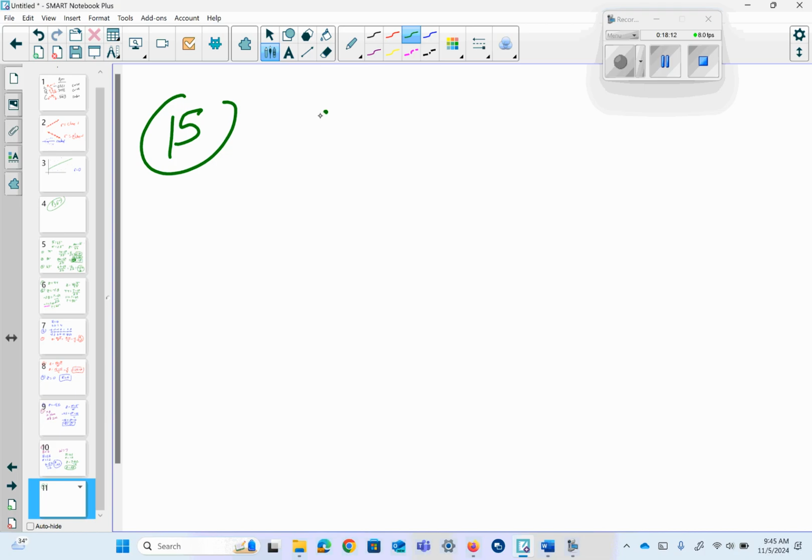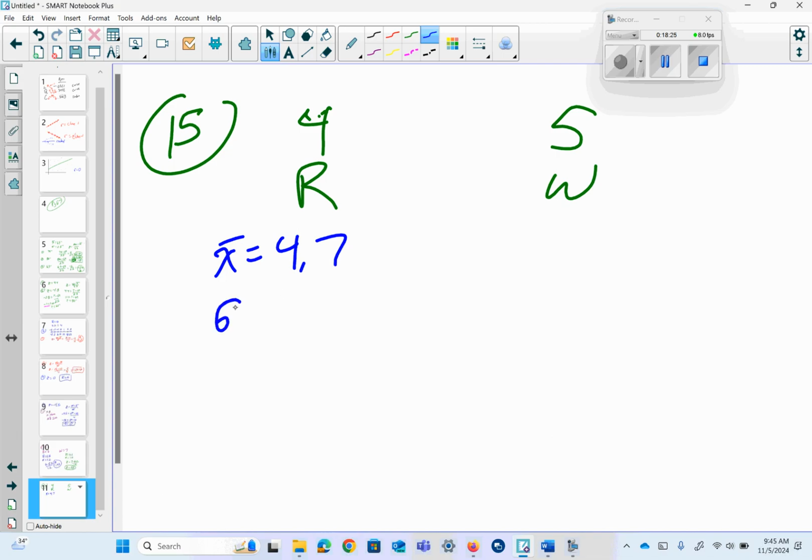Let's see, you have a 4-pound rainbow versus a 5-pound walleye. All right, so a rainbow trout, they said the average was 4.7, standard deviation was 1. And then the walleye average was 6.2, and the standard deviation was 1.5.